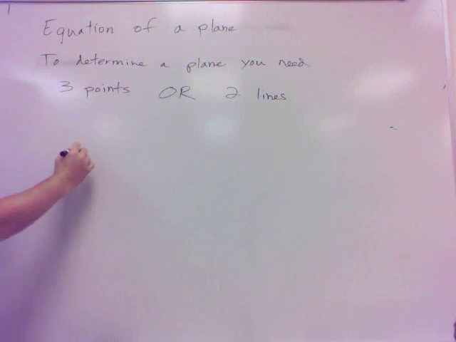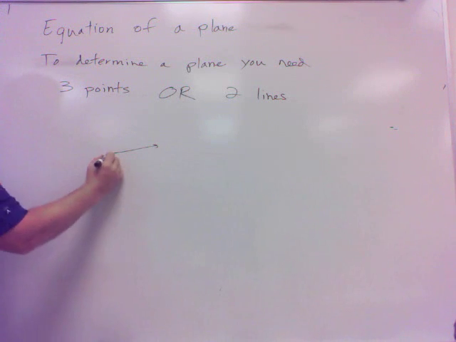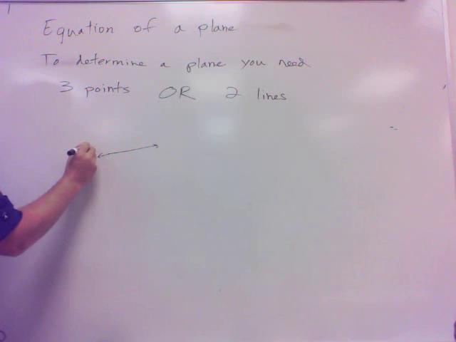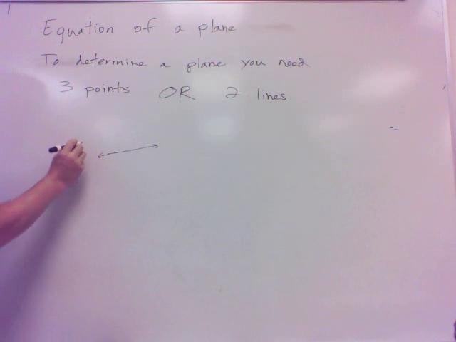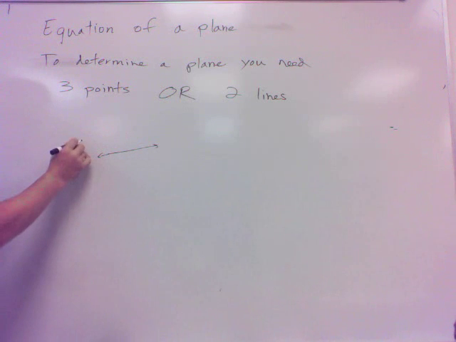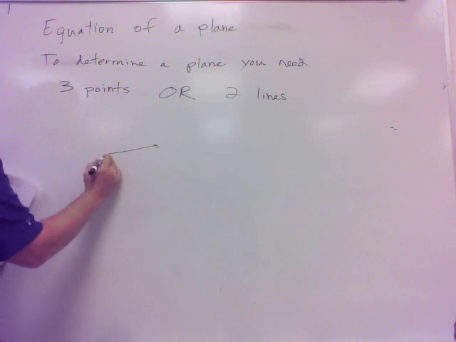So if you've got a line here, then you've also got another line. It gets a little tougher to draw on a 2-dimensional plane. But let's say we've got another line that comes through like this.